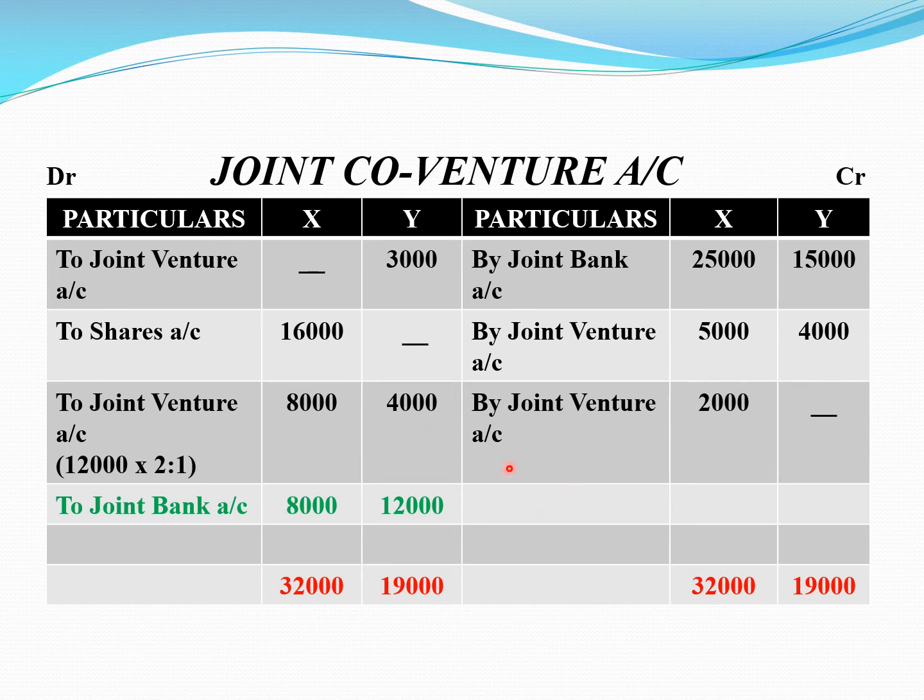And then final settlement to X and Y will be 8,000 and 12,000.